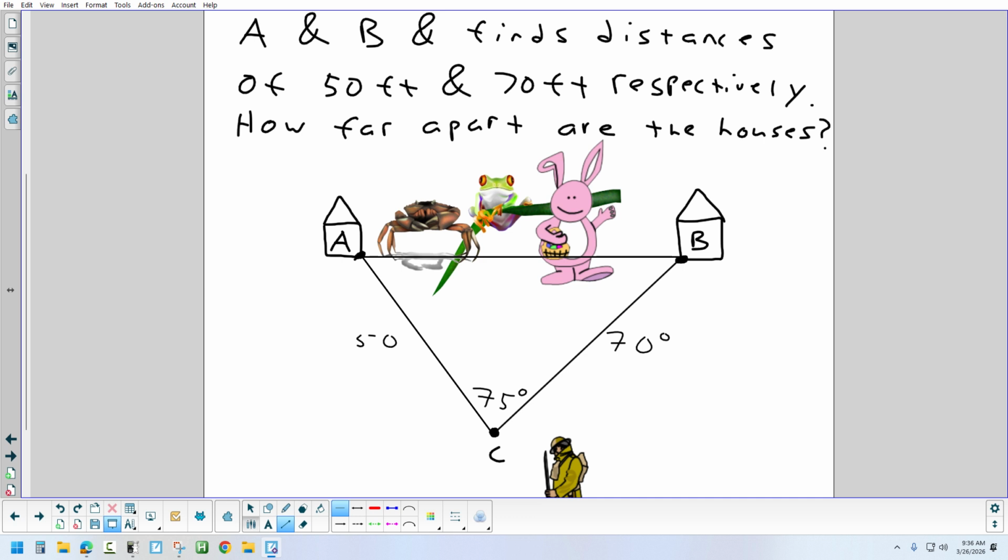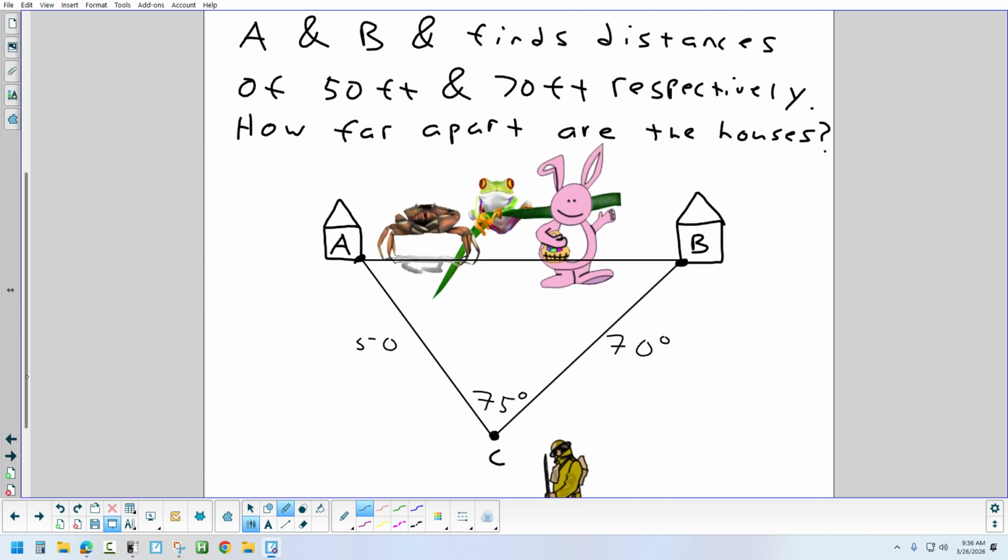Now, I don't know that distance right now, so what would be a good letter to call it? Yeah, I would use X. I know we normally use A, B, and C for the sides, but we've already used A, B, and C at other places in this word problem.